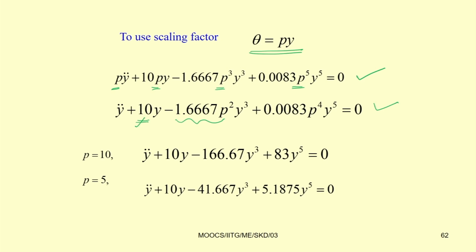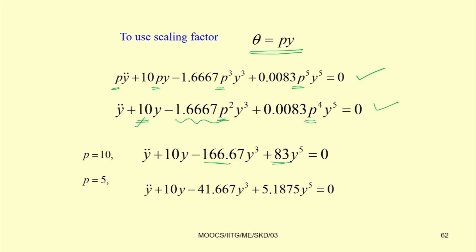So, if we take p equal to 10, you can see this equation reduces to y double dot plus 10 y minus, as p square equal to 100, 166.67 y cubed, and as this is p to the power 4, 10 to the power 4 multiplies this, so this becomes 83 y to the power 5 equal to 0.